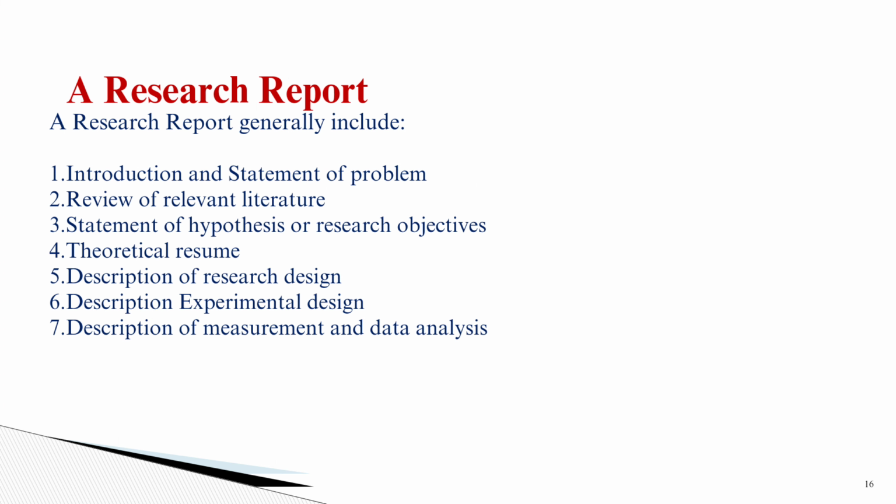What are the contents of a research report? It should generally include introduction and statement of problem, review of the relevant literature, statement of hypothesis or research objectives, theoretical resume, description of research design, description of experimental design, and description of measurement and data analysis.